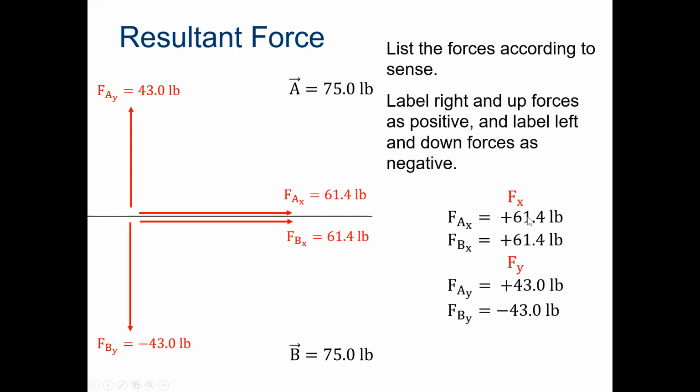All right, now that we have determined this, I would draw the free body diagram based off of what we have listed right here. So notice we have for our X components, A and B. We have our Y components, positive 43 pounds, negative 43 pounds.